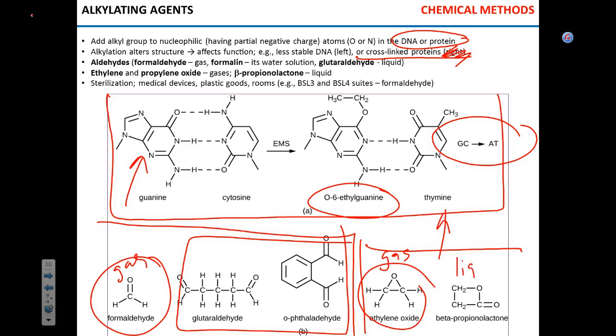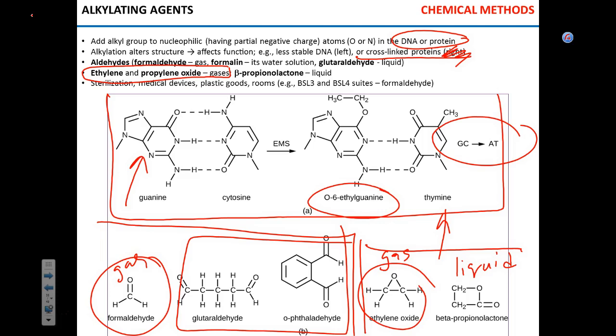Beta-propiolactone is a liquid. Beta-propiolactone can be used for surface treating or biological sample treating. Ethylene and propylene oxide are extremely useful for sterilizing various plastic goods. Again, since it can be used in a chamber, you can use these gases to sterilize research equipment.